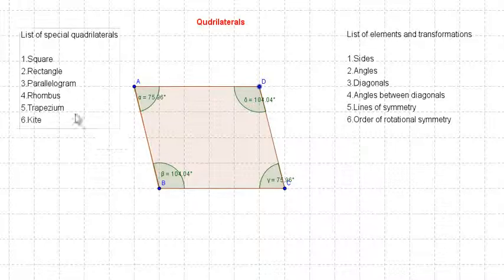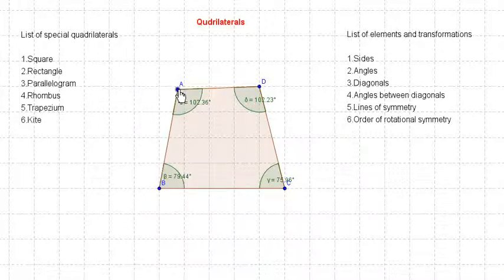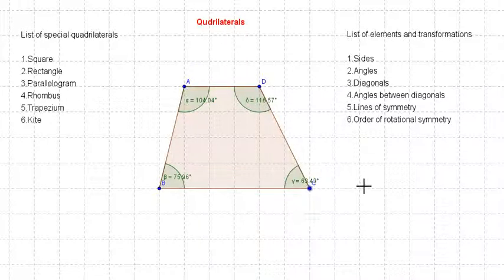Now I will skip a rhombus and we'll move on to a trapezium. So a trapezium has 1 pair of parallel sides.